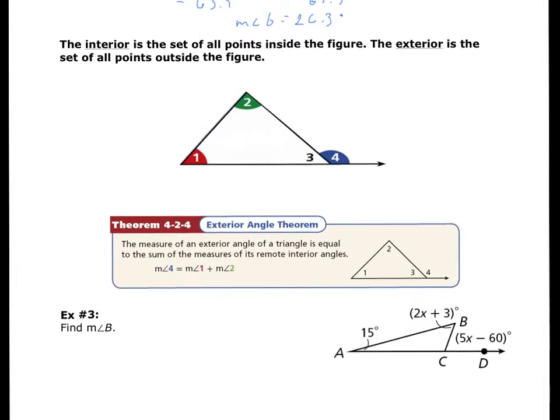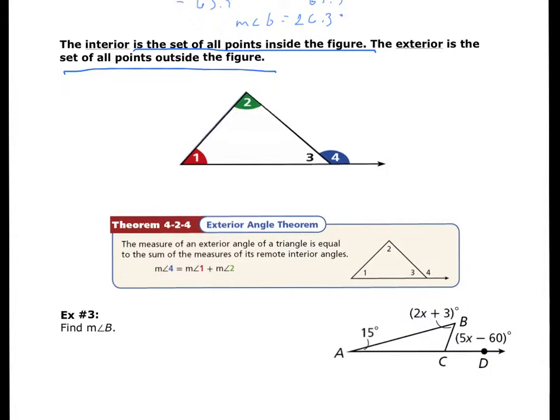Okay, so the next thing we're going to talk about is exterior and interior angles of triangles. The interior is the set of all points inside the figure, and the exterior is the set of all points outside the figure. The theorem that we're going to be using is called the exterior angle theorem.